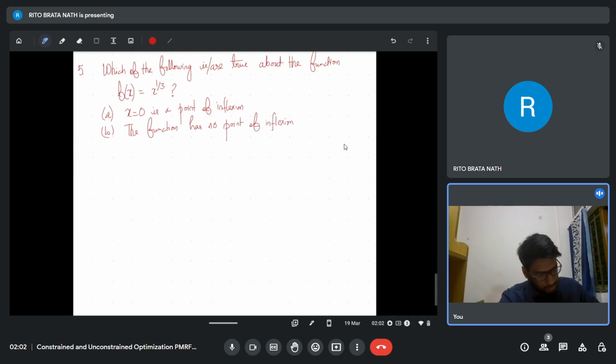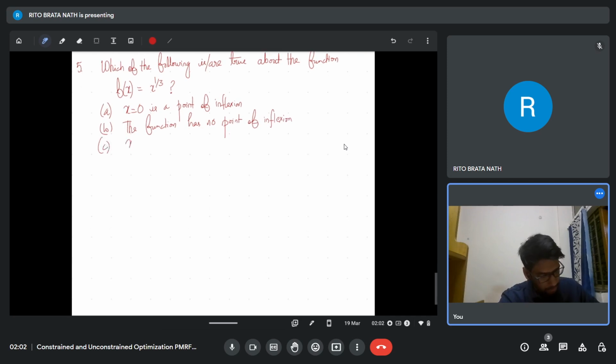Option C is x equals 0 is a local minima. And option D is x equals 0 is a local maximum. Okay, so let me solve this.